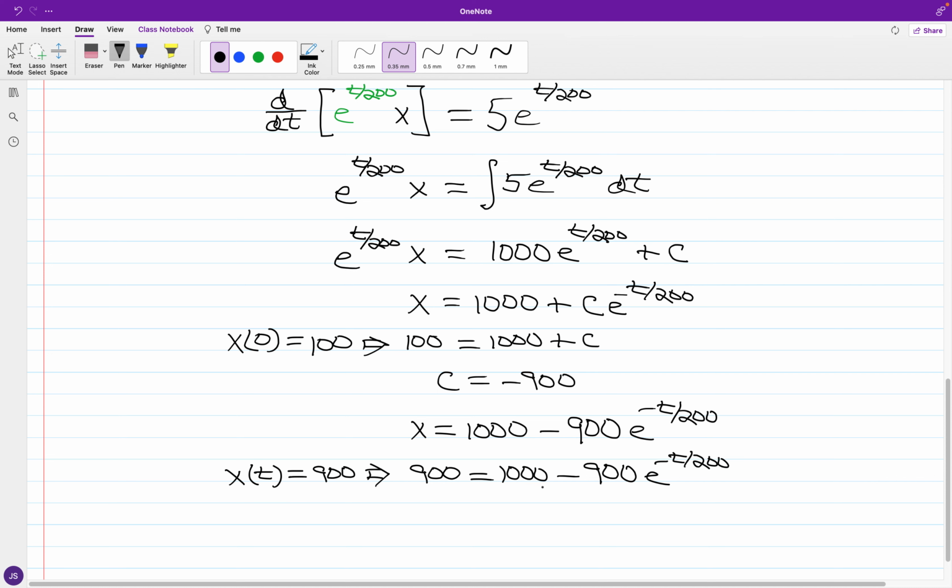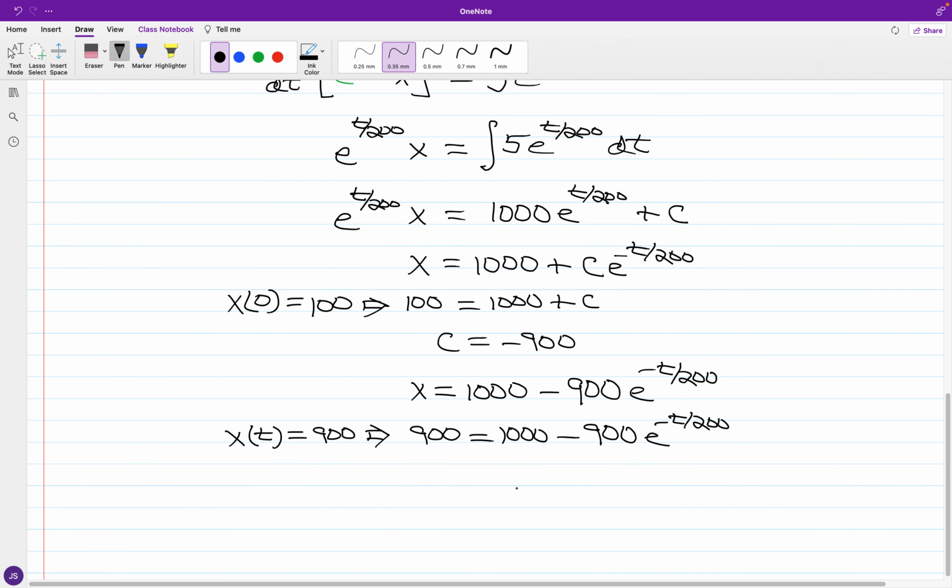And isolating the variable expression, if I take 1,000 away, I have negative 100 is equal to negative 900 times e to the negative t over 200.